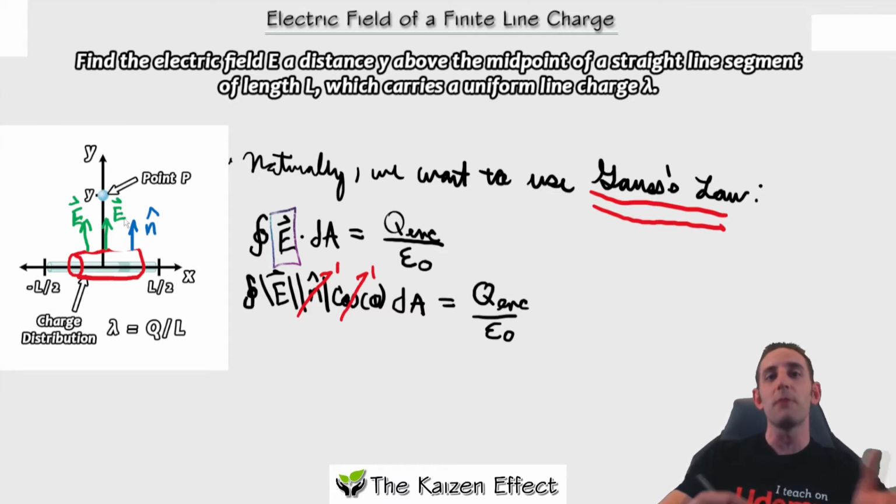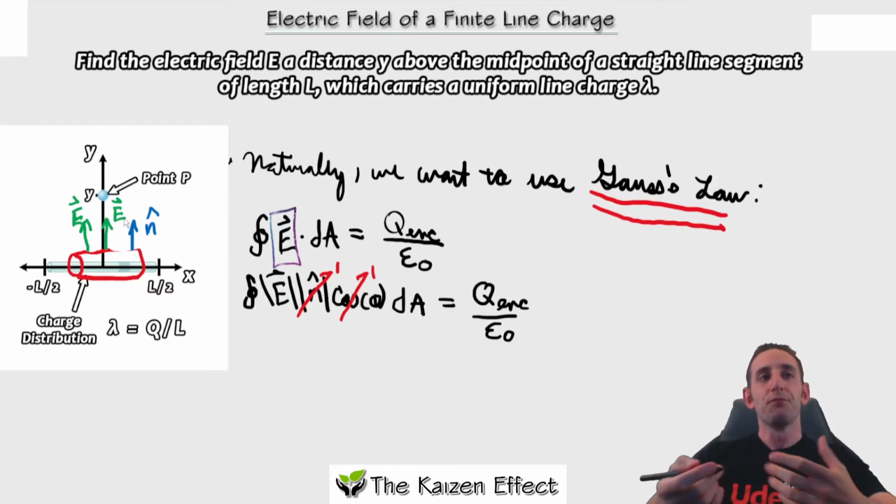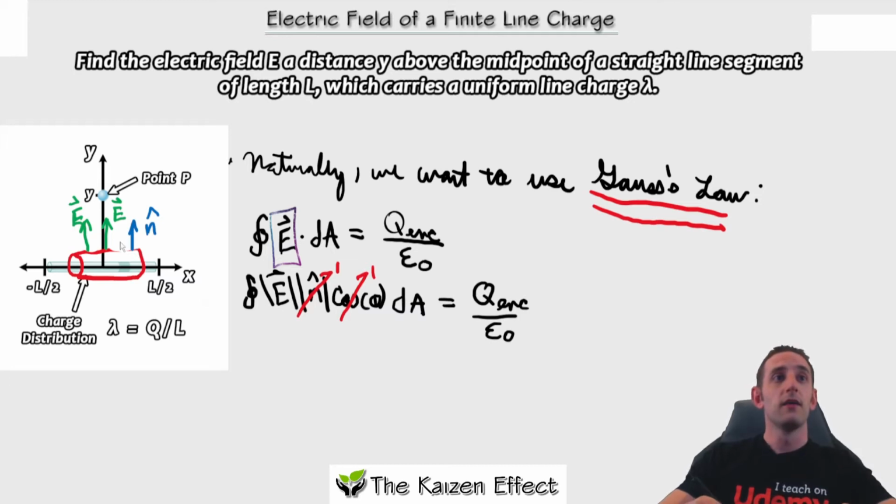It's always the same just because there's an infinite amount of length on both sides of the location that we're actually looking at. So this guy pops out, and we don't even have the integral anymore. So we just have this guy times the area. In this case, it is the area of a cylinder on these edges right there. So that is just 2 pi times the radius of this guy.